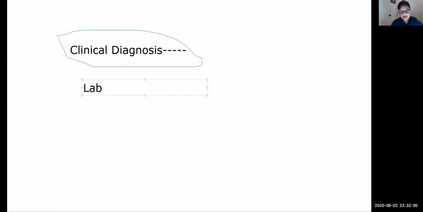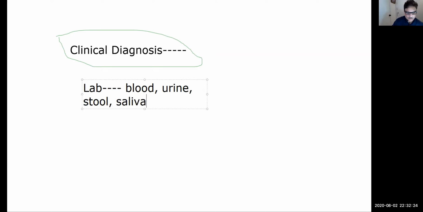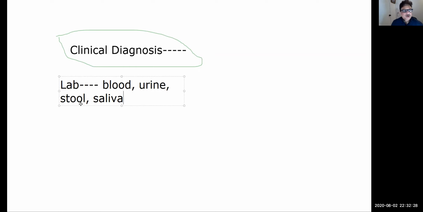So a physician or a doctor needs the help of a lab, right? And the samples that could be sent are blood, urine, stool, saliva, right?